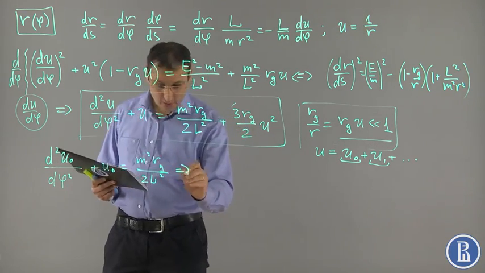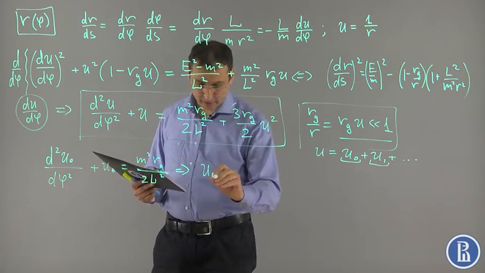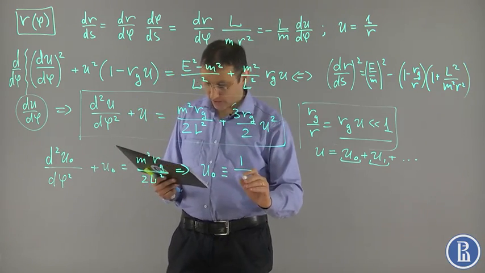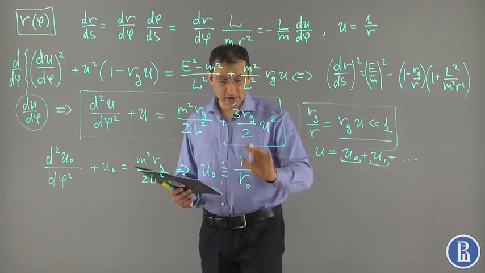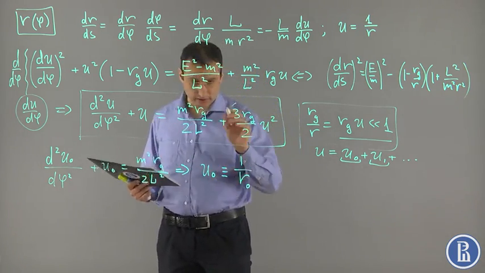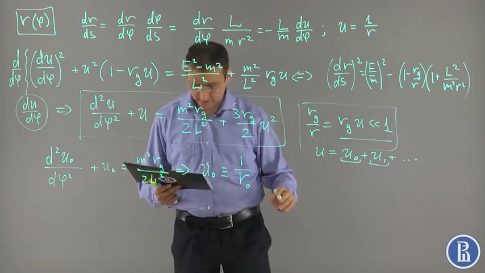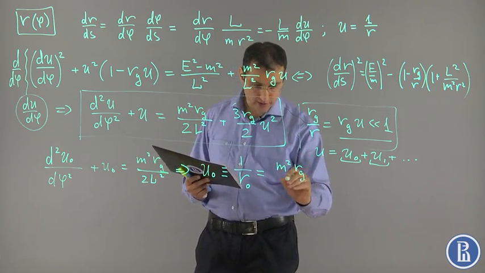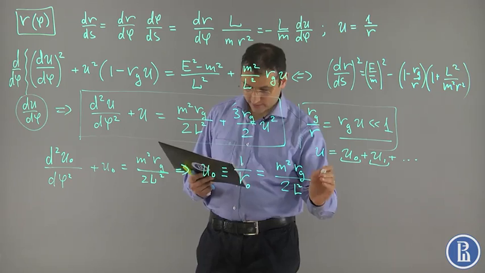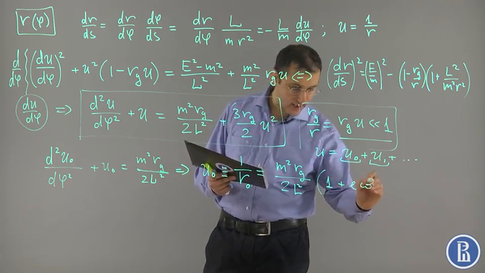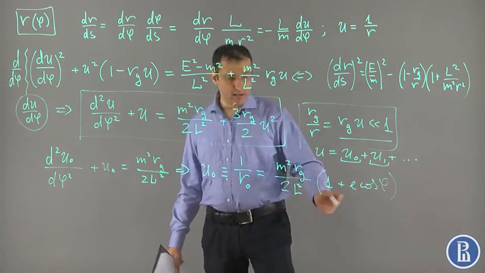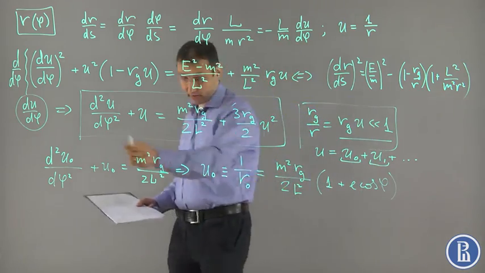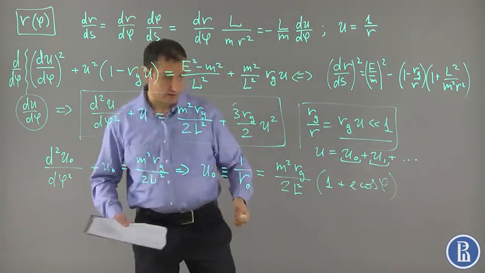So then the solution of this equation is nothing but the following. We can easily solve the oscillator equation. u0, where subscript 0 corresponds to the Newtonian limit when we dropped off this term, is m squared r_g divided by 2L squared times (1 plus e cosine phi), where e is an integration constant which follows from this equation.